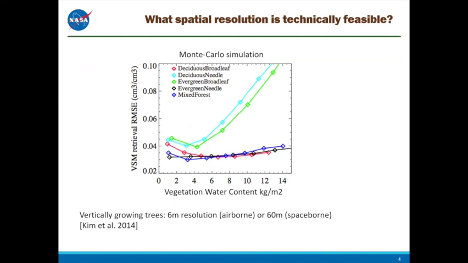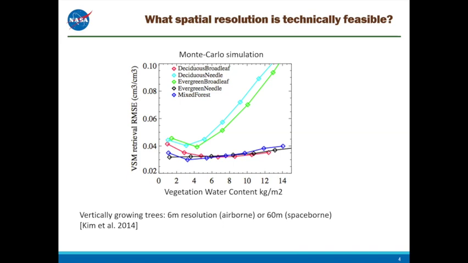So X is vegetation water content in kilogram per meter squared. Most forest lies somewhere at 10 kilograms or above. Y is the retrieval RMSE of soil moisture. There are 4 types of trees, and for deciduous, the vertically oriented trees support pretty reliable retrieval, but for tropical forest, where the trunks go in all directions, we don't have that good a capability.